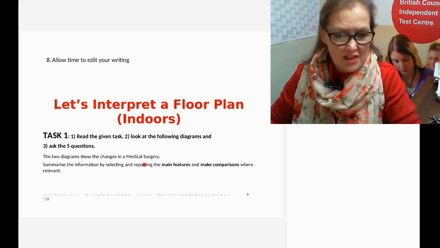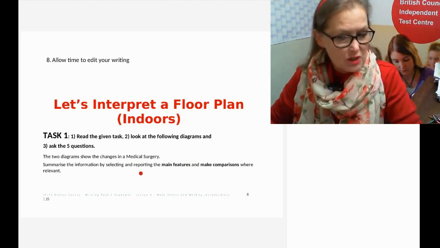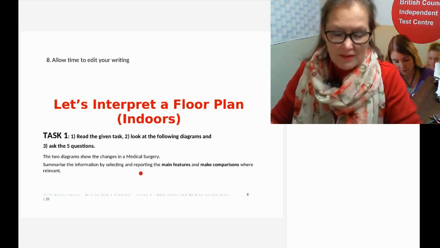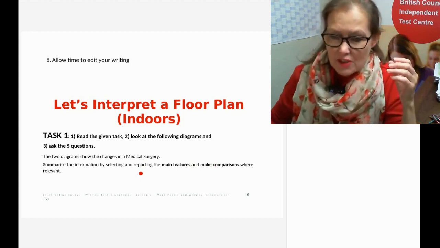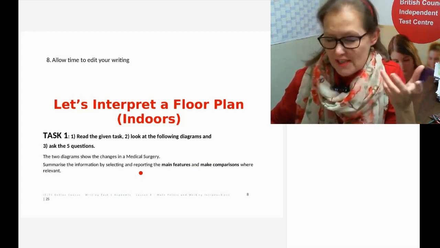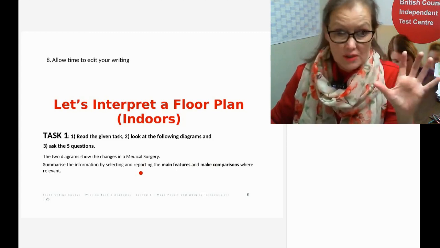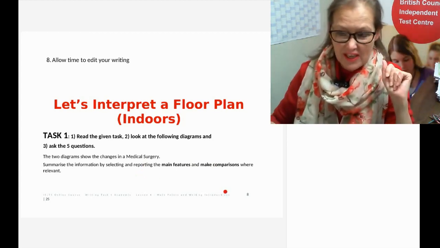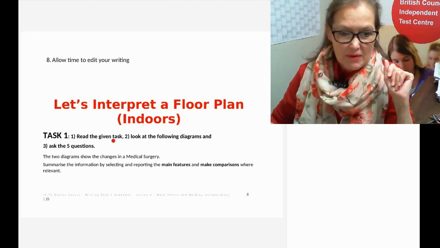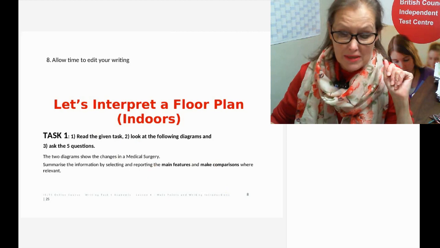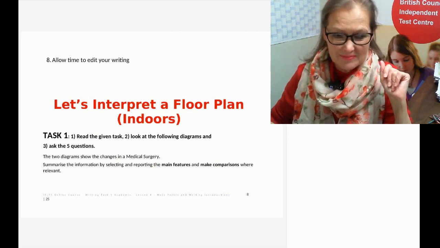So they're just asking us to report. We don't need to give our opinion at all, and we don't need to guess or interpret. We just need to report the main features. Okay? So just bearing in mind that our question number 1, our topic is going to be a medical surgery.